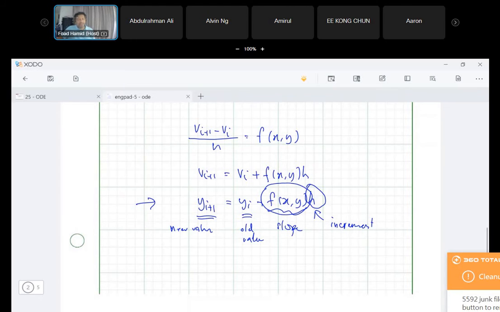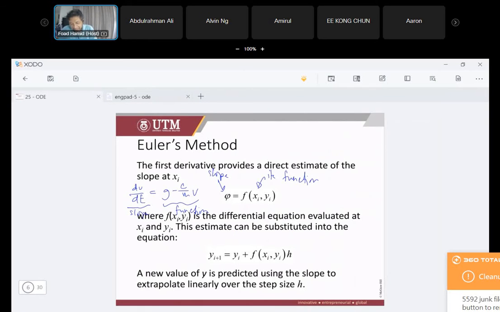So how can we improve this? We have the new value, old value, slope, and increment. It says here that the new value of y is predicted using the slope to extrapolate linearly over the step size h.